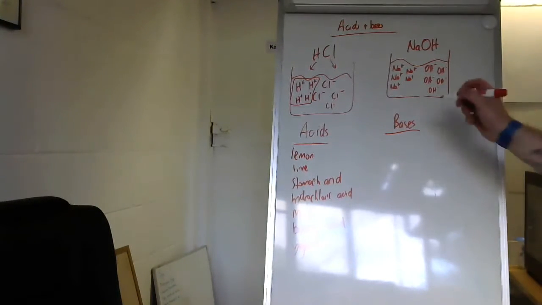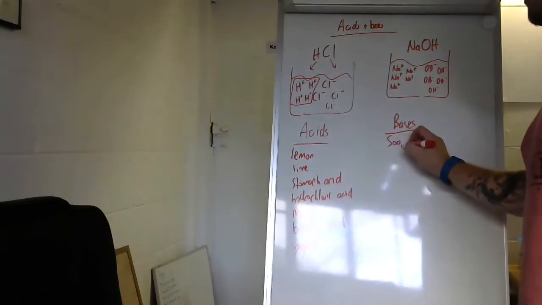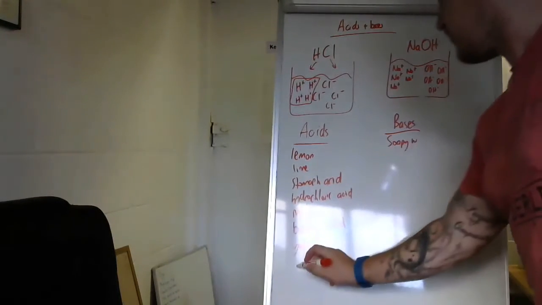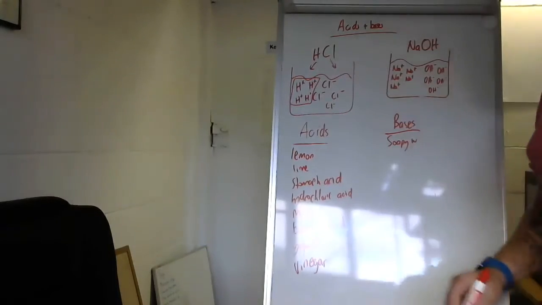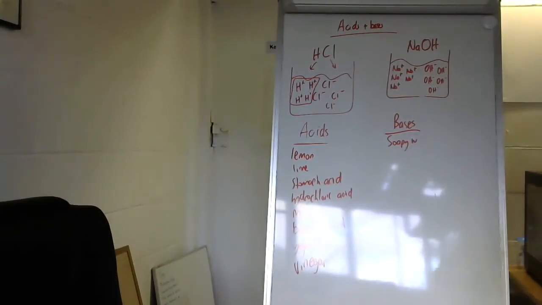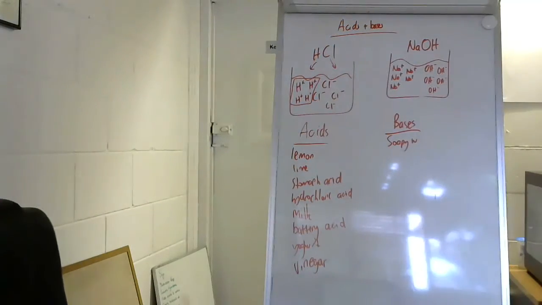So bases: soapy water. Oh, the biggest one over here is vinegar. I'm going to put this line down, I think that makes a difference. There we go, much better.